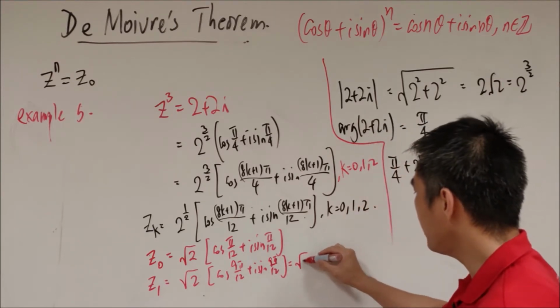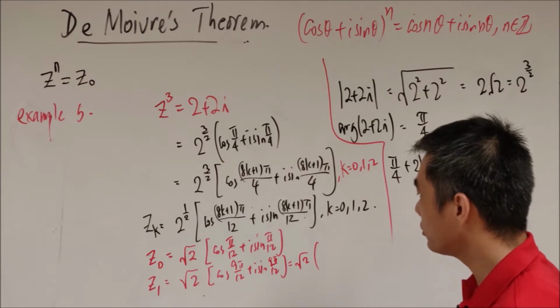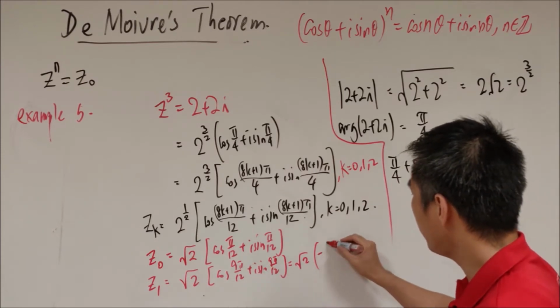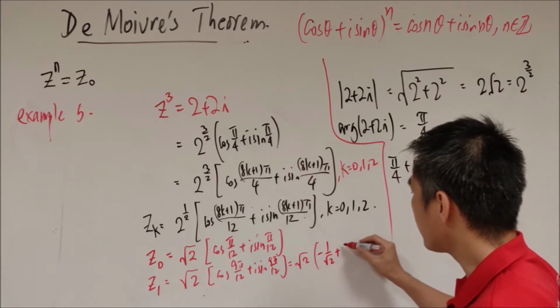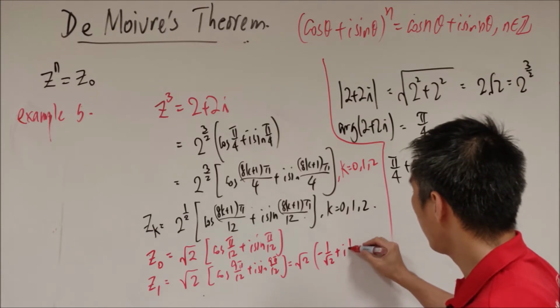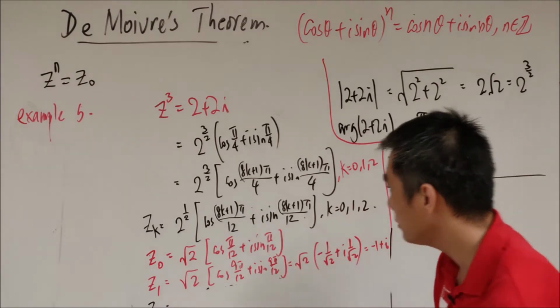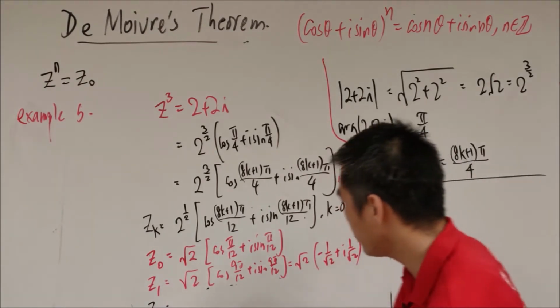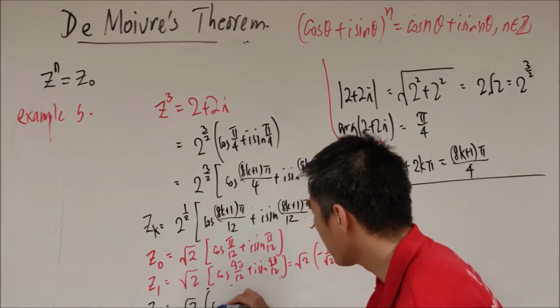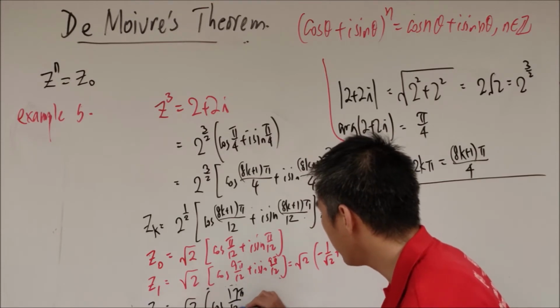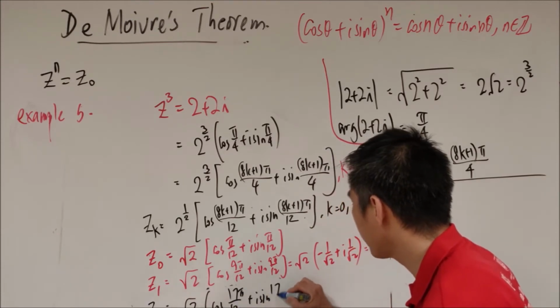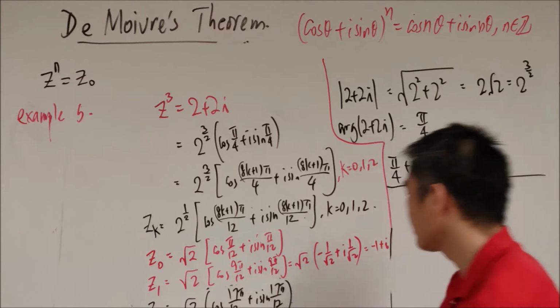Note that this is actually equal to negative 1 over root 2 plus i times 1 over root 2. And z2, after we substitute k equals 2, will be the square root of 2 times (cosine 17 pi over 12 plus i sine 17 pi over 12).